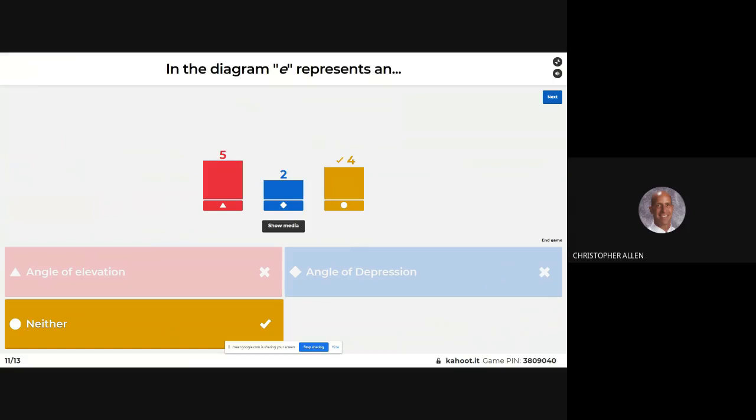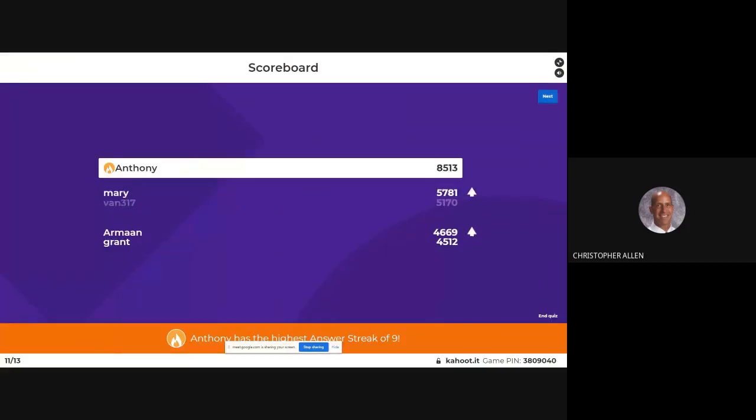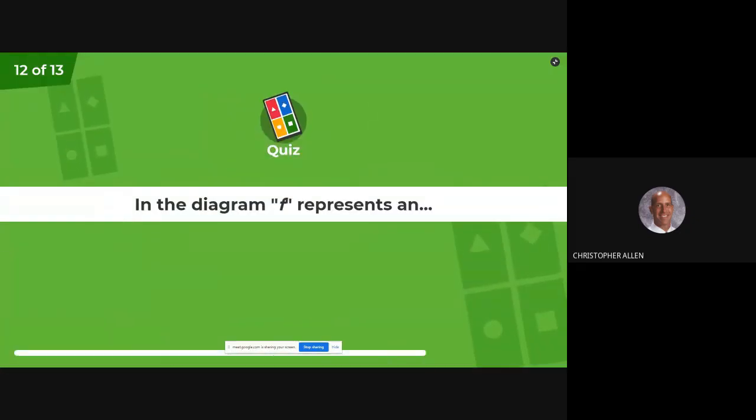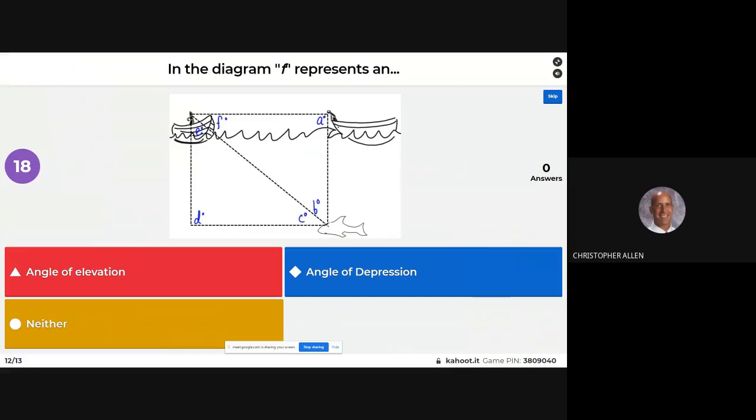Okay, neither. Anthony, you are on fire. Mary, you are now in second. Two more. In the diagram, what does F represent? F. Elevation, depression, or neither?